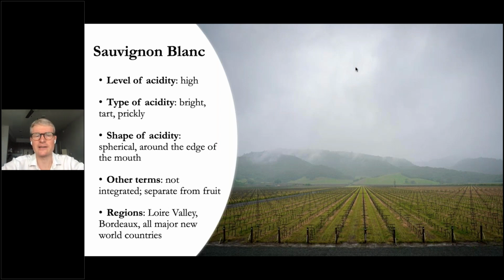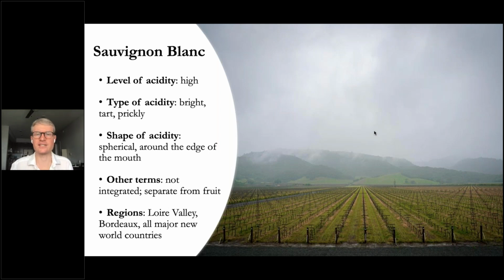And I've also included in there the word tart. Now we know that tart can be a kind of negative word when it comes to acidity. But I think if there's any wine which often, but not always, features tart acidity, it would be Sauvignon Blanc. So what I mean by that is the acidity feels just a little bit sour.